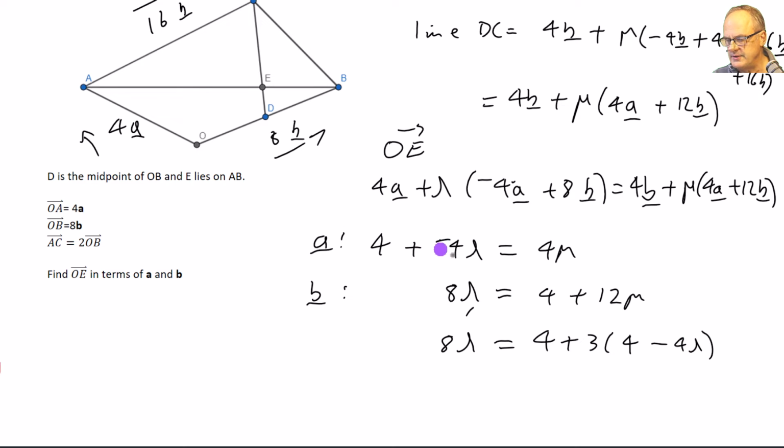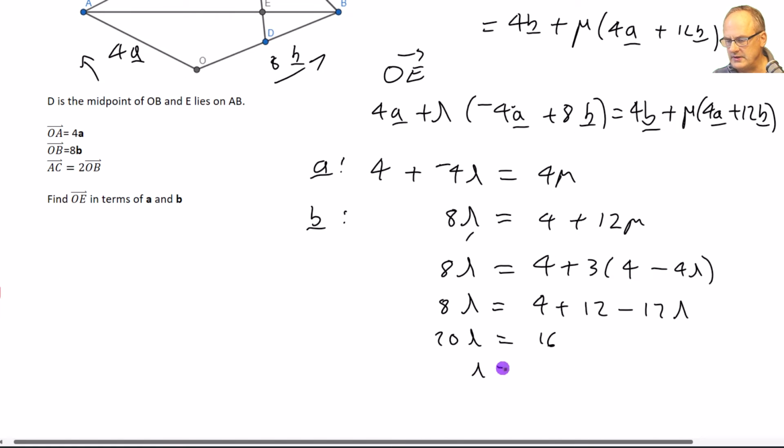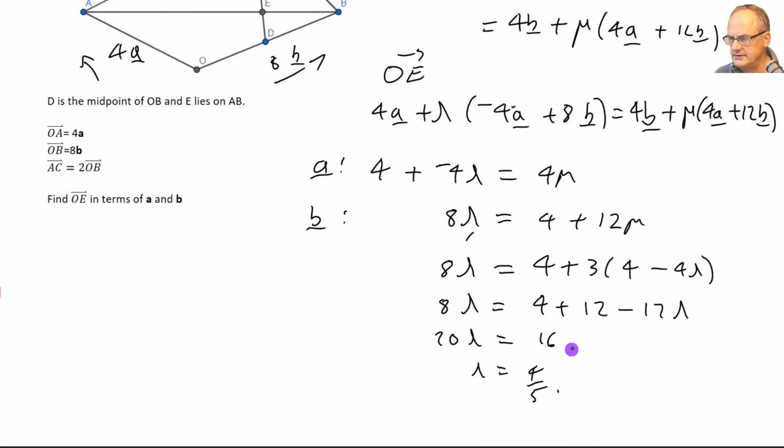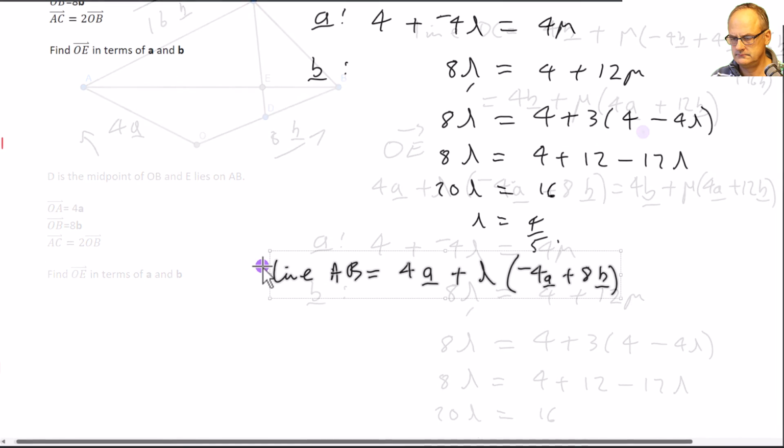So we get 8 lambda equals 4 plus 12 minus 12 lambda. I therefore get 20 lambda equals 16, so therefore lambda will equal 4/5. And therefore we can plug that into our equation with the lambdas in it, all the way up here, and find out where OE is.